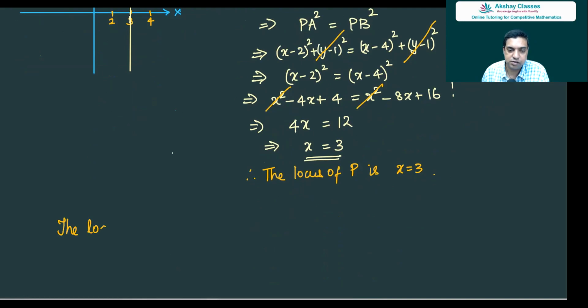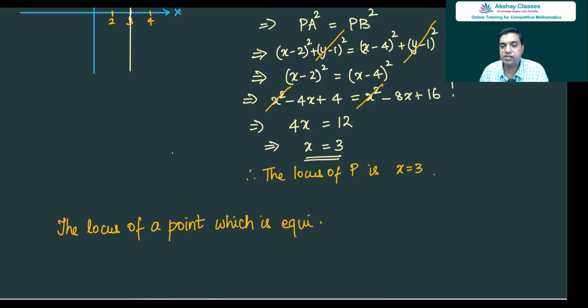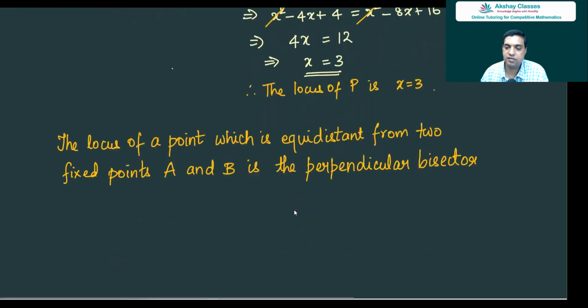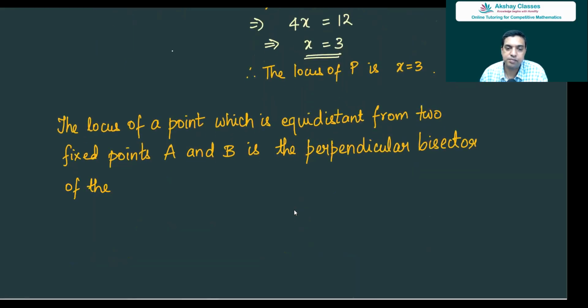The locus of a point which is equidistant from two fixed points A and B is the perpendicular bisector of the line joining AB.